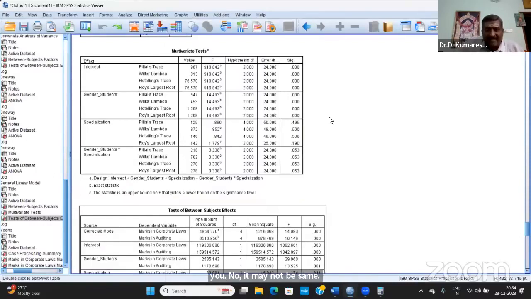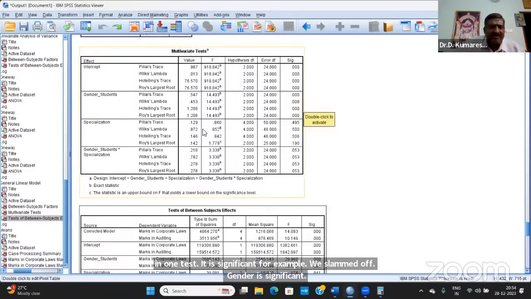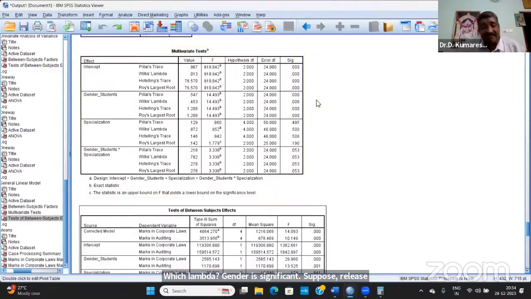So in one test, it is significant. For example, Wilks lambda, gender is significant. Suppose Pillai's test, gender is not significant. Maybe. In that case, you don't bother. If you want to stress that it should be significant, then you can take out of these 4 tests which one gives the significance. That's all.